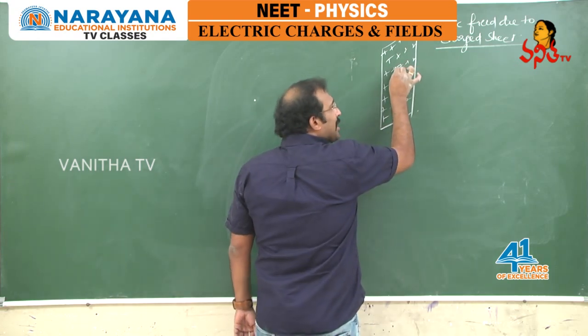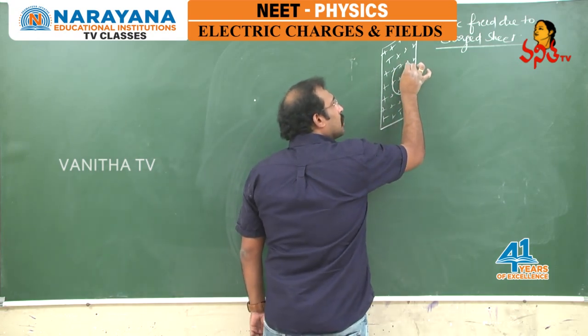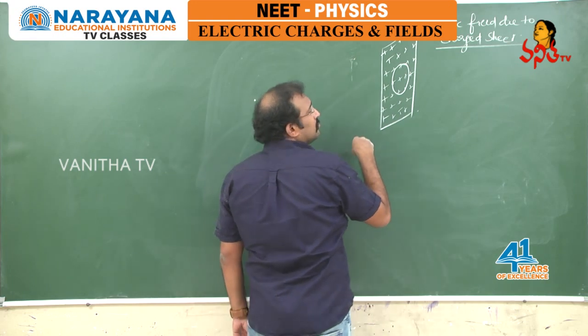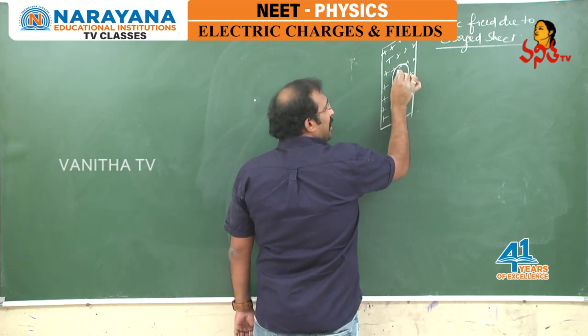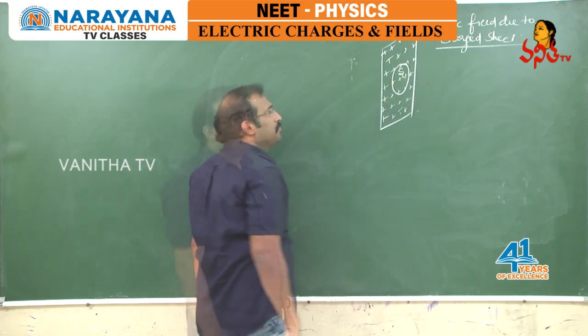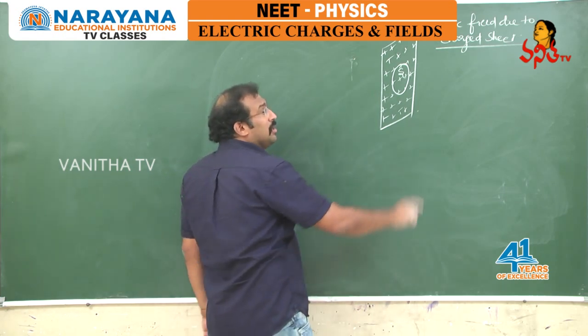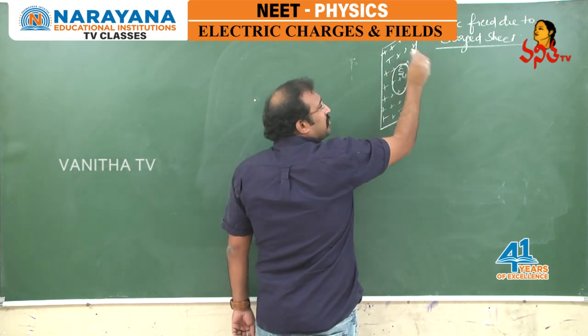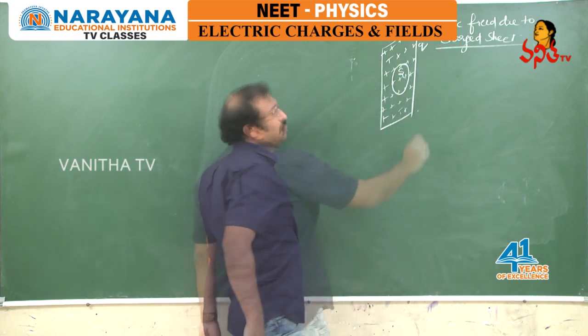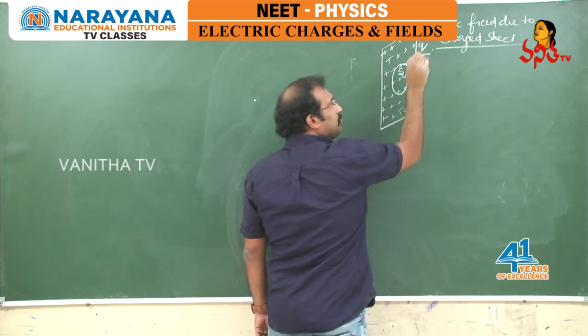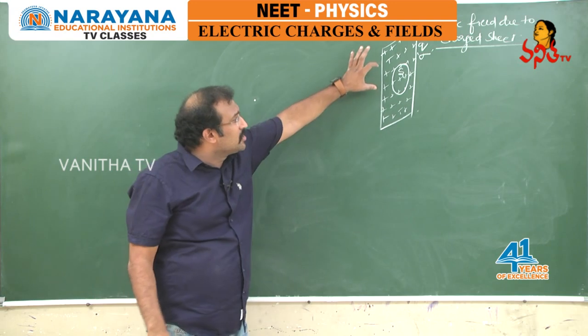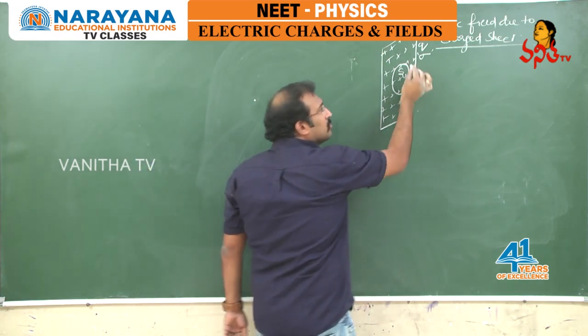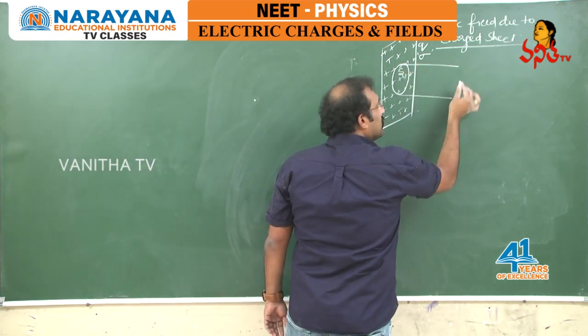Consider a small area, let this area be S. Let the charge of the sheet be Q. Let the charge density be sigma. Consider a small area like this and extend it like this.